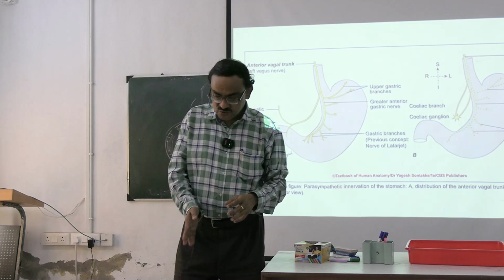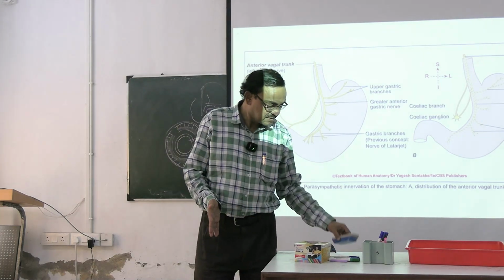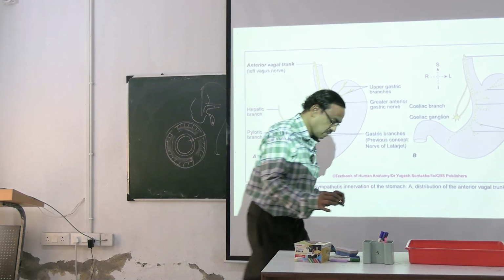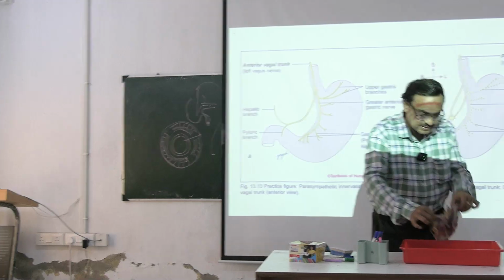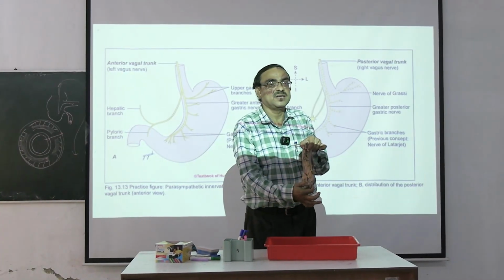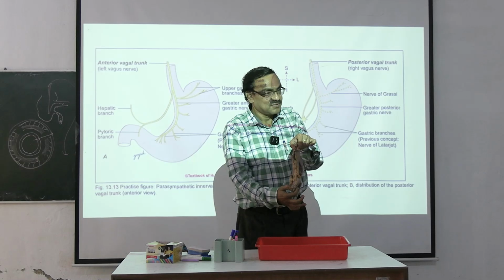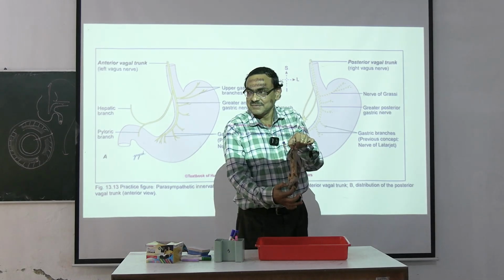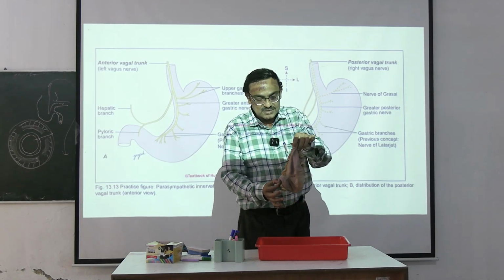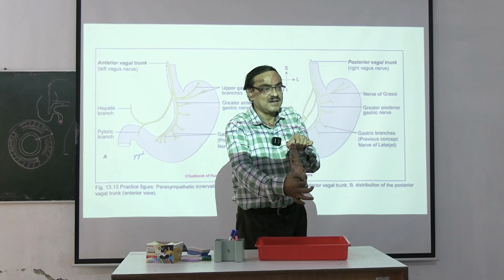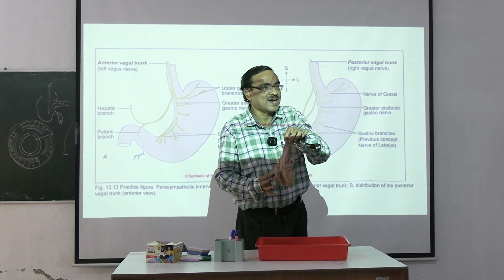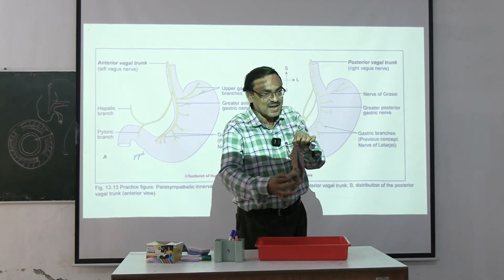Why? The stomach was like this during the embryonic period, in the sagittal plane, but due to its rotation, it moves to the right side.